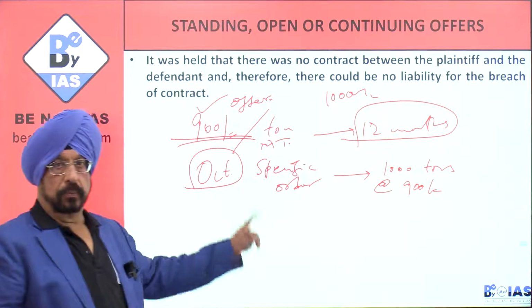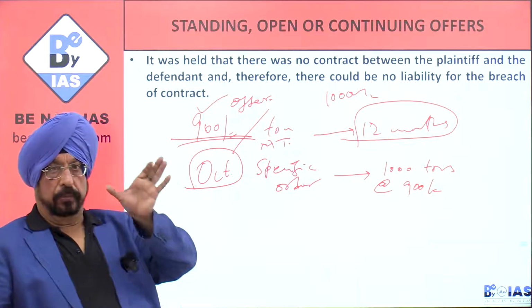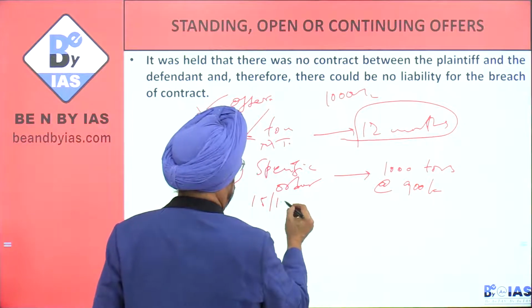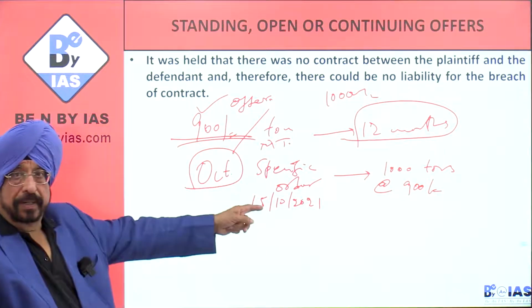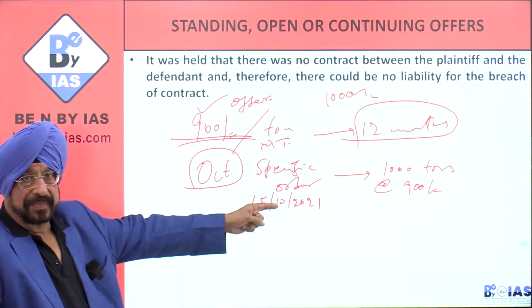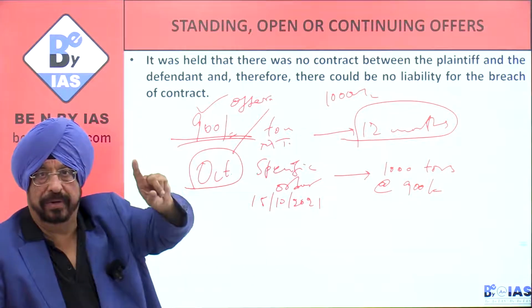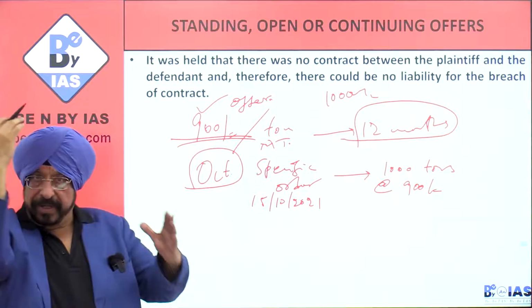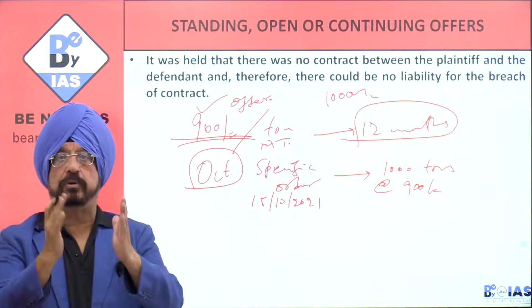This is for the month of October, and I specify that this is only for the month of October, supply by 15th of October. Now this specific order is a contract.